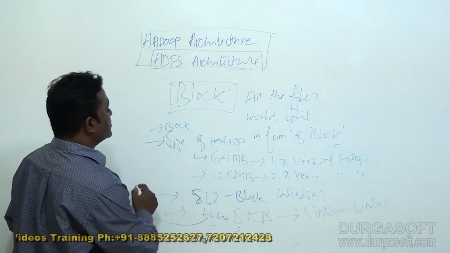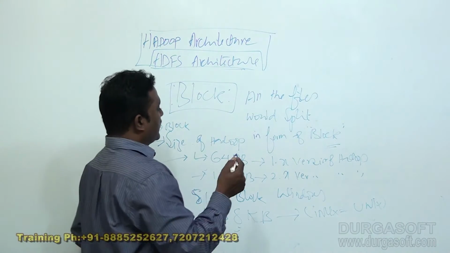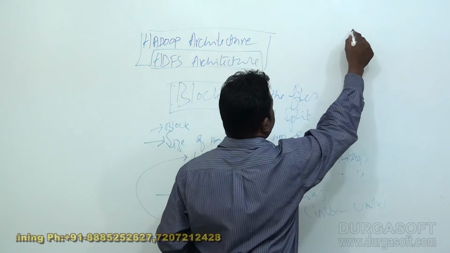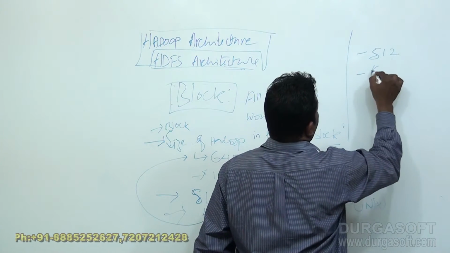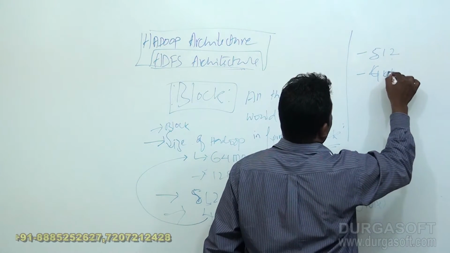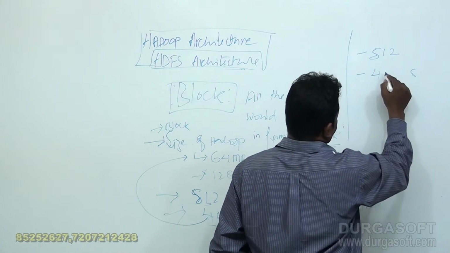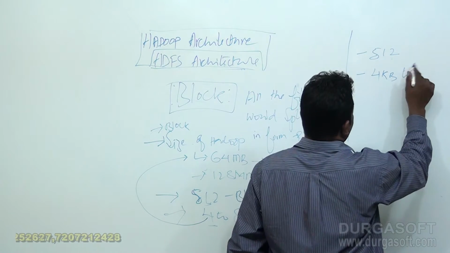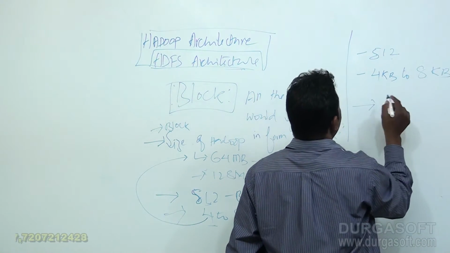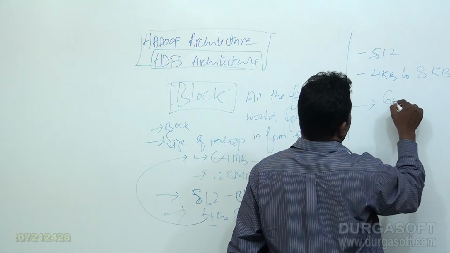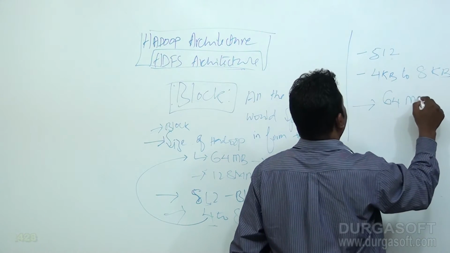Now would you please compare the block size of Hadoop to these block sizes? It has drastically increased from 512 bytes to 4 KB to 8 KB, and our Hadoop has a block size of 64 MB.